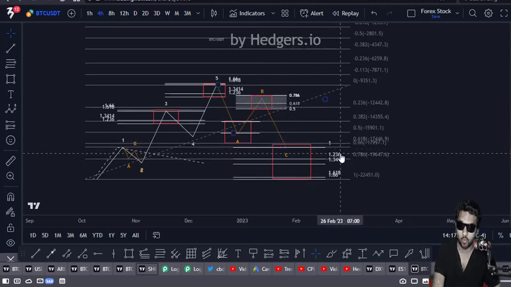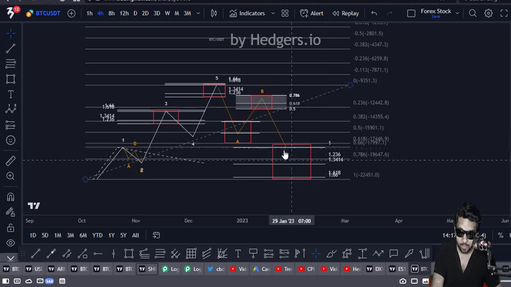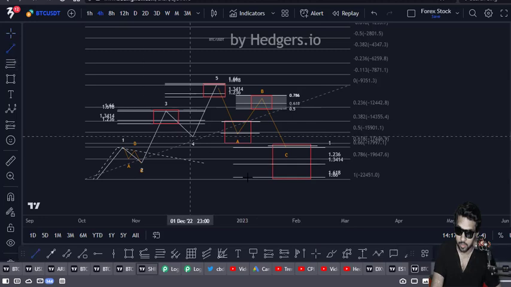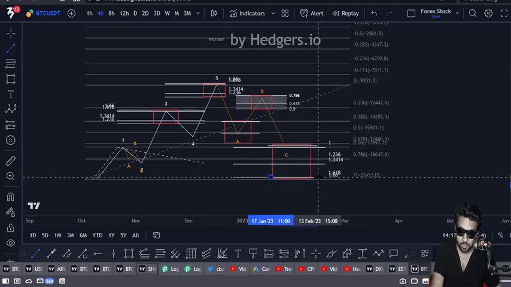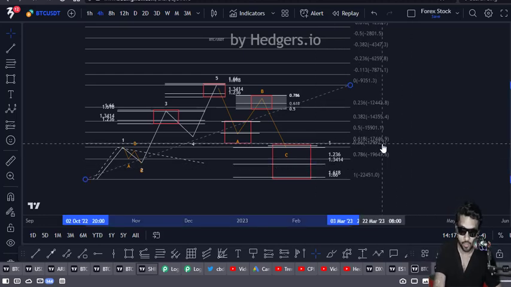That is why it is called 101 extension of the whole count from ABC, from 5, A and B. So you need to make the levels to understand the reaction, and if the reaction is strong, then you are going to know that this is the ending of your wave C based on the sign of strength.